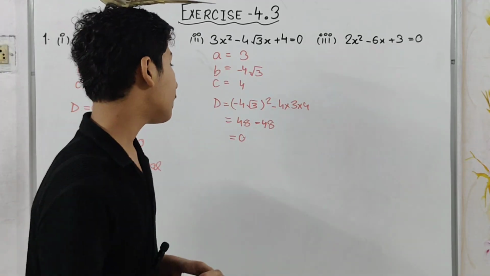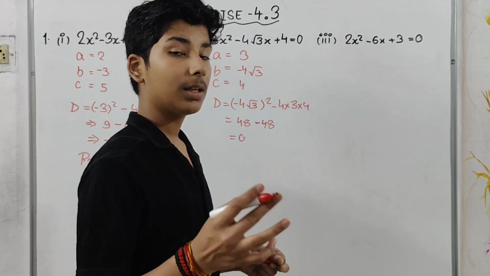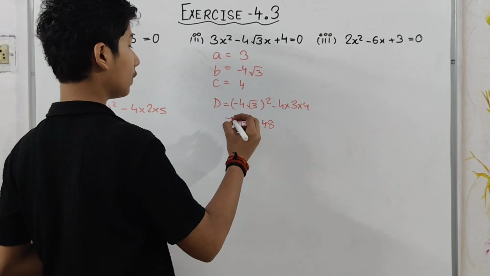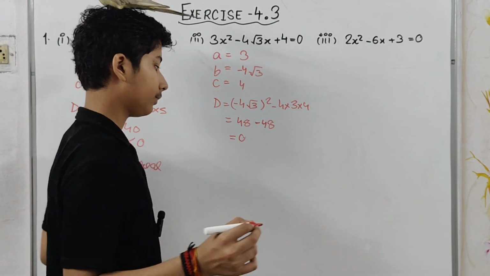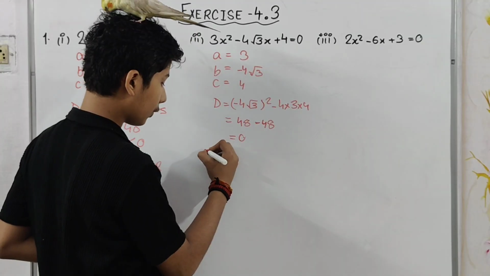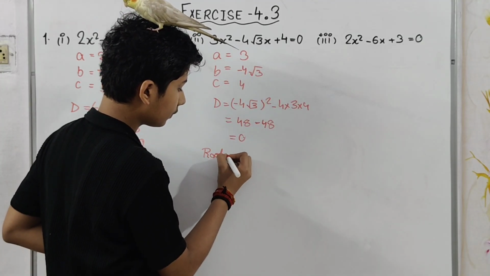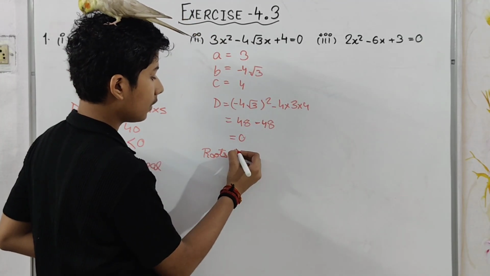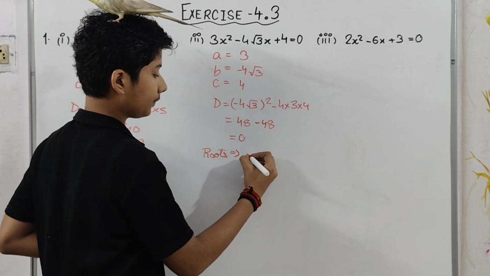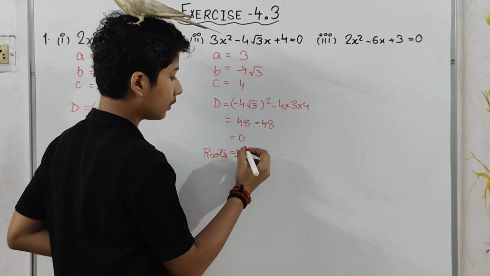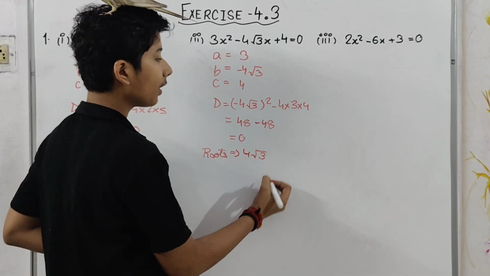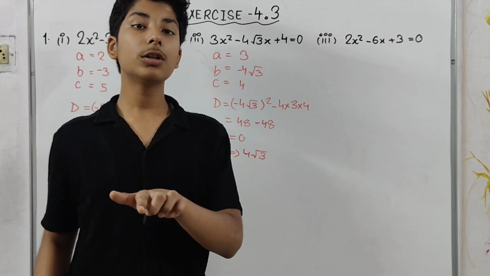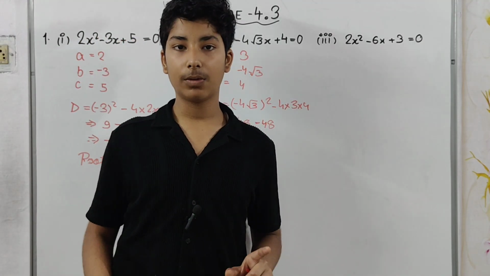Now here it is saying that if the roots exist, then we have to find the roots also. So minus b plus minus root D upon 2a. So minus b is minus minus 4 root 3, which is 4 root 3 only, plus minus. Plus also and minus also, both the roots are equal.